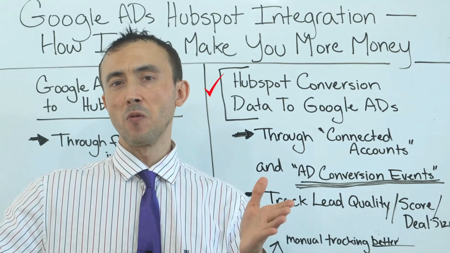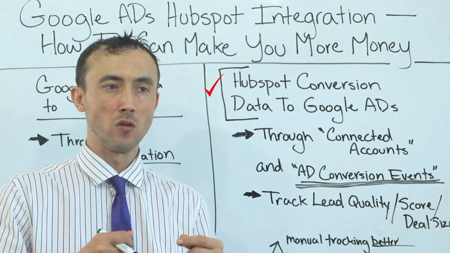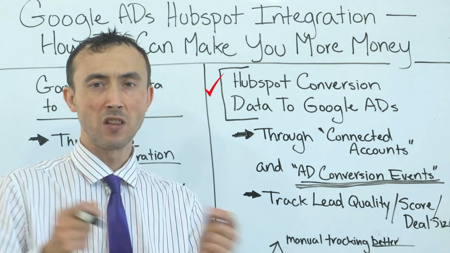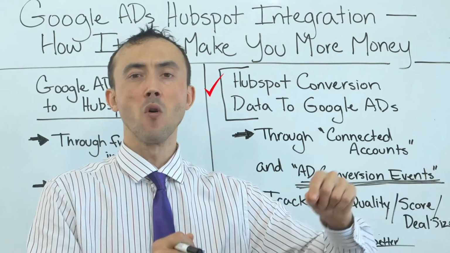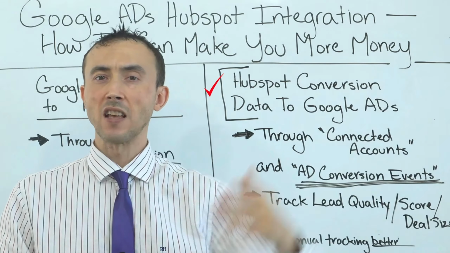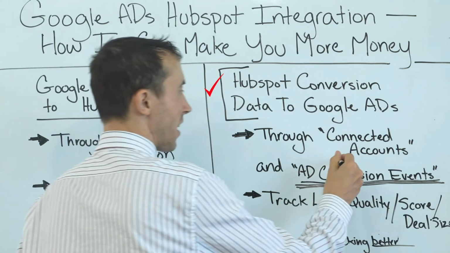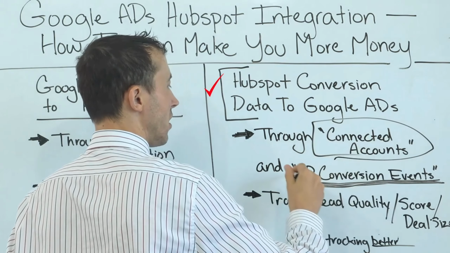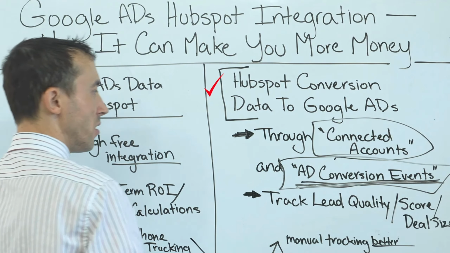But if a person on average doesn't buy for 6 months, you don't have any option other than to not track sales and optimize for sales, but optimize for leads that have the highest lead score for you, or the average assumed predicted deal value that you expect out of those leads. So anyway, the combination between the connected accounts inside Google Ads and the ad conversion events menu in HubSpot, you can do all that.